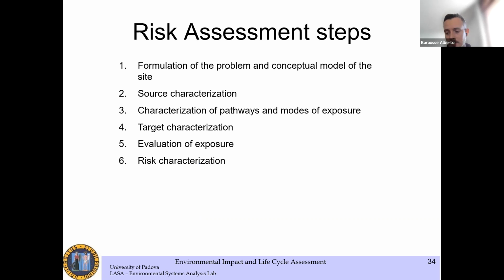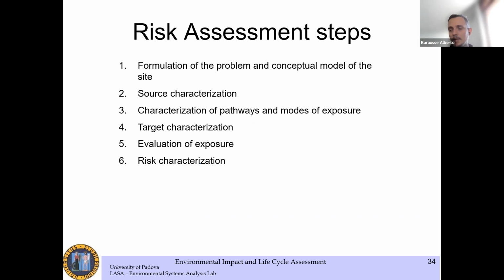And so the steps which you should follow in risk assessment are very similar to the ones that you follow when constructing an ecological model. I know that some of you should be following the class of Luca Palmeri, modeling and control of environmental systems. So the first step is, of course, the formulation of the problem. So the question which you want to ask, and in particular, you should draw a conceptual model of the site.